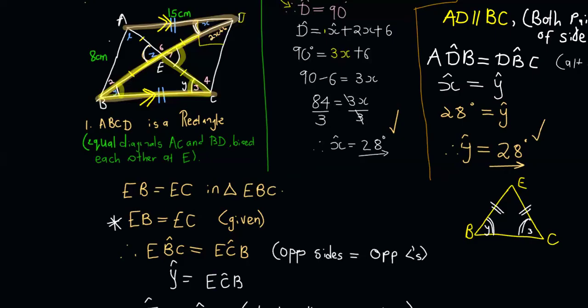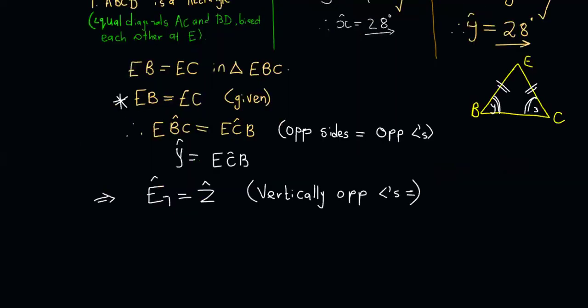So I'm going to say angle E7 is equal to angle EBC plus angle C3.